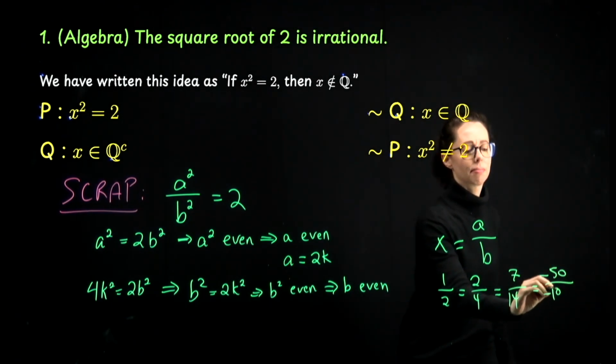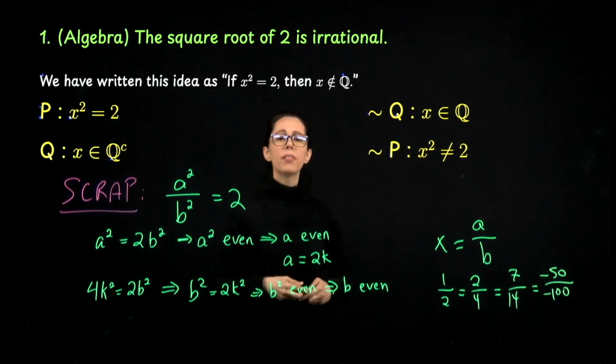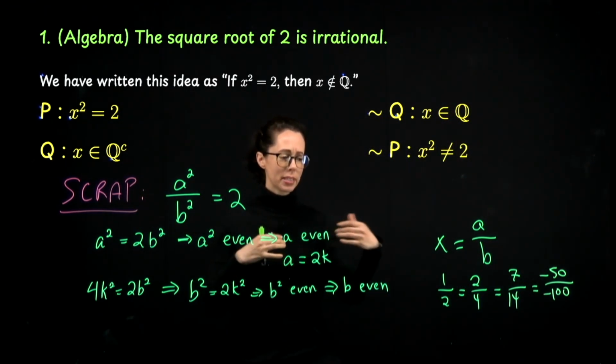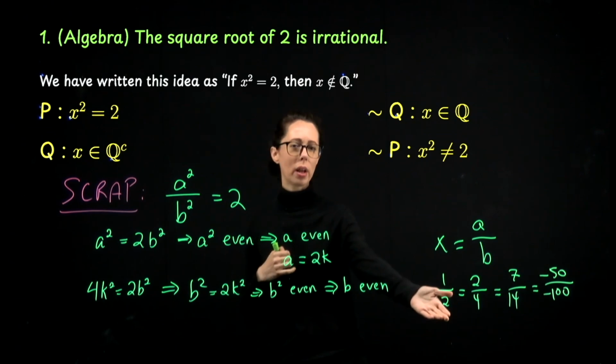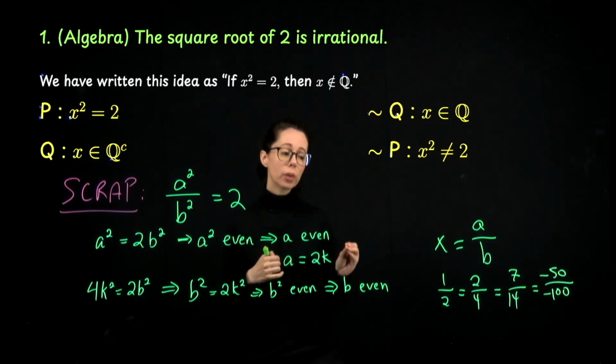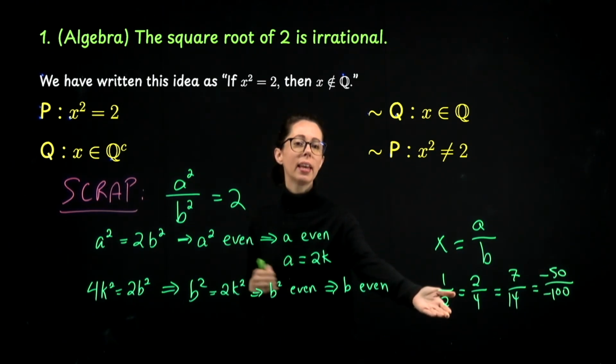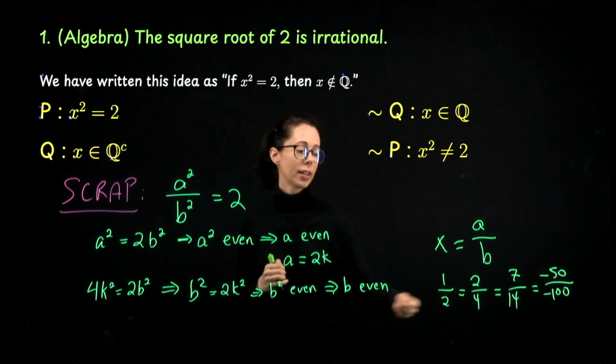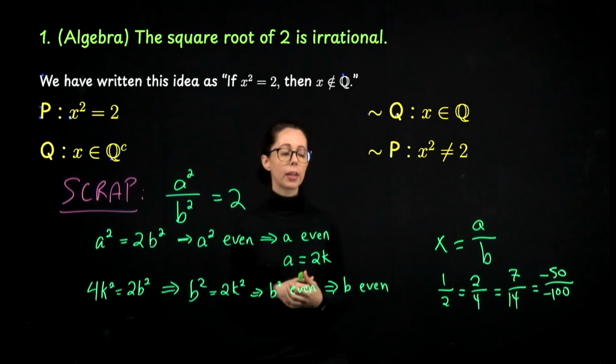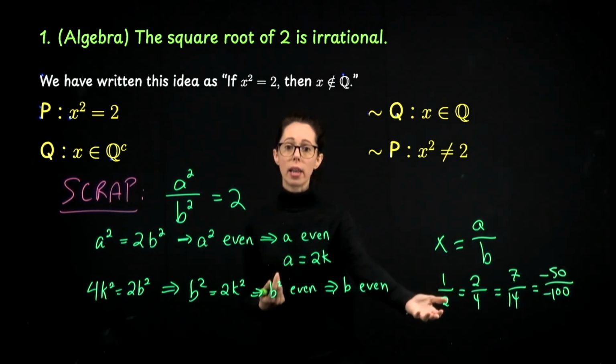You know this. There are infinitely many ways to present a ratio of integers which equals 1/2, but you can insist that the ratio of integers that you're working with is in reduced form. If I had 2/4, just divide the top and bottom by 2, get it to the point where, say, the greatest common divisor of a and b is 1.